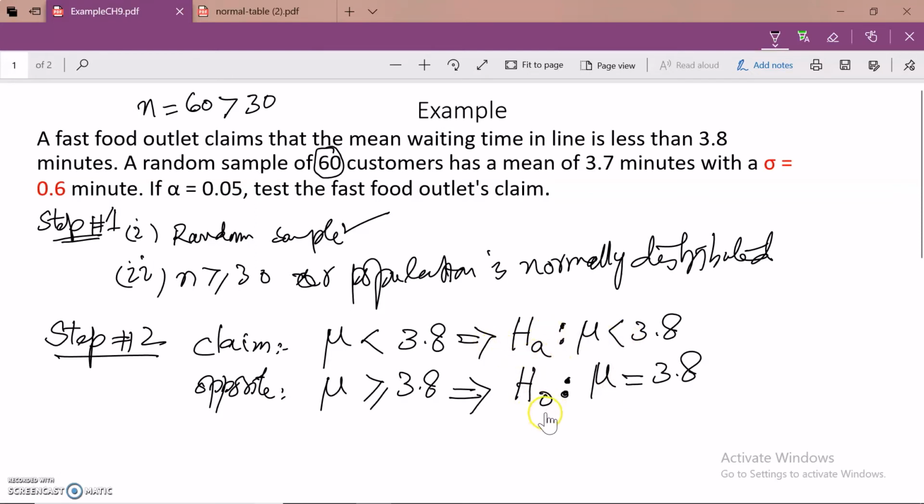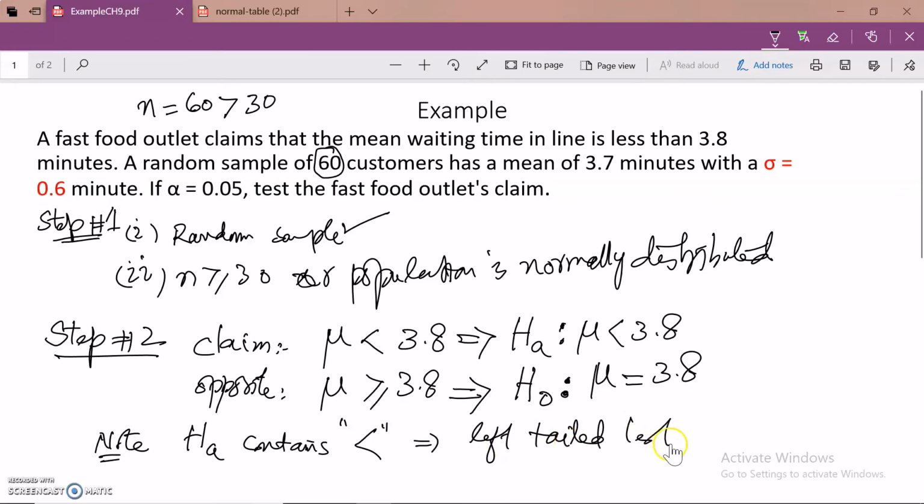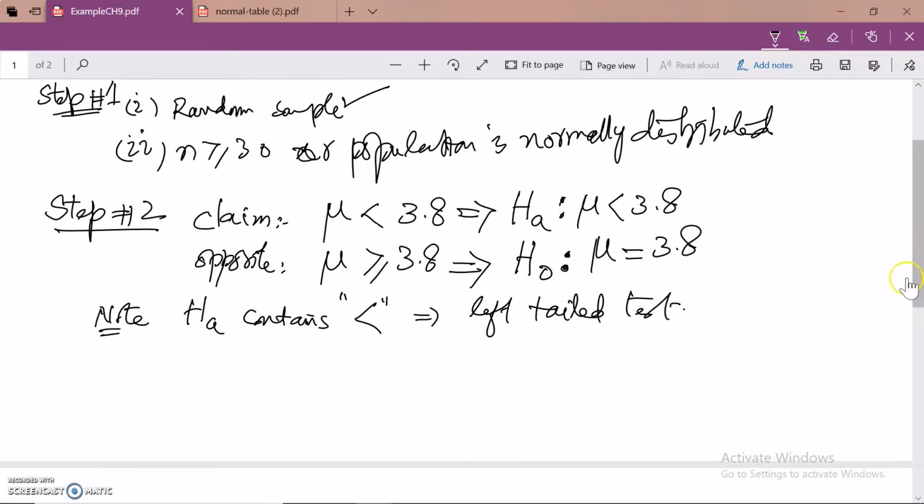We have found both the null and the alternative hypothesis. Now we decide the type of test. Note that our alternative hypothesis contains a less than symbol. Look at that. It implies that it's a left tail test. So we have decided that it's a left tail test.